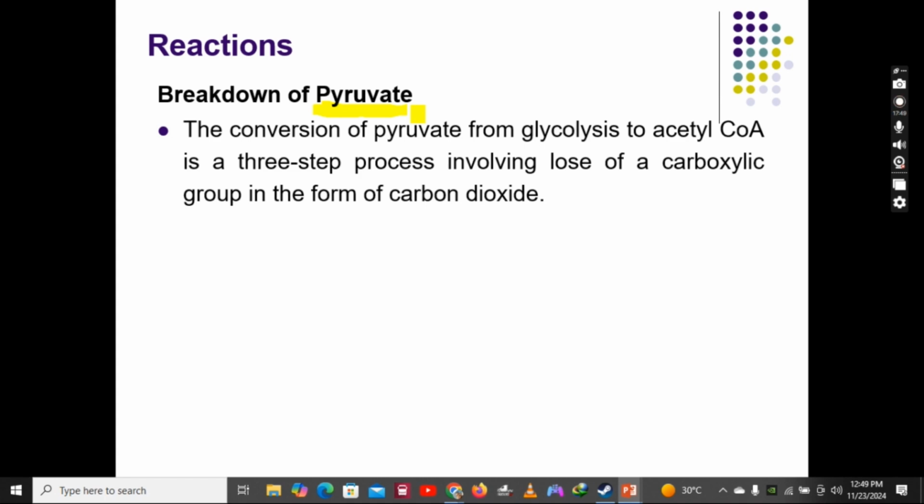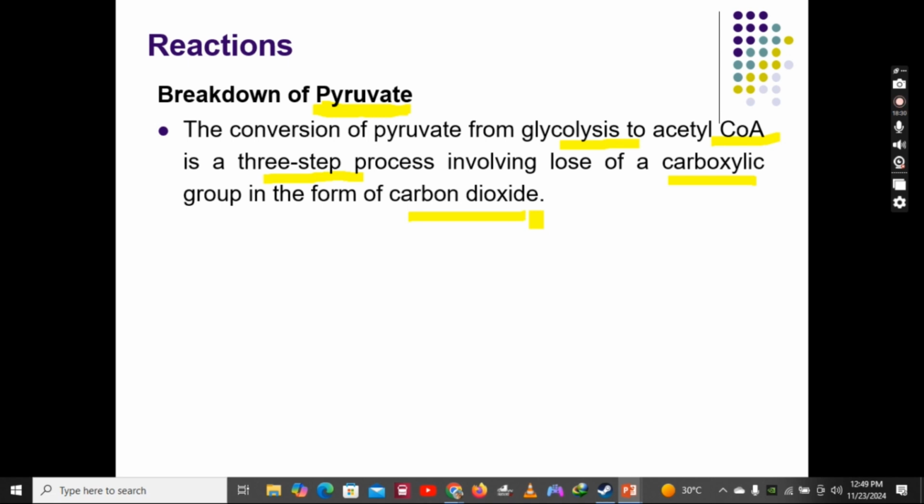The conversion of pyruvate from glycolysis to acetyl-CoA is a 3 step process, and it involves the loss of a carboxylic group. The carboxylic group from the pyruvate molecule is lost, and one product produced is a carbon dioxide molecule.